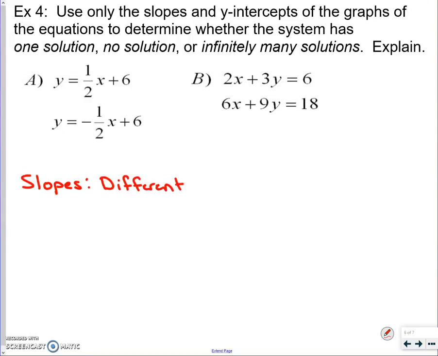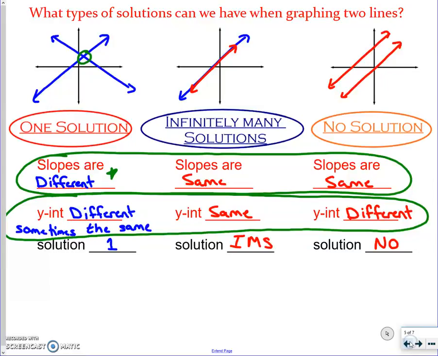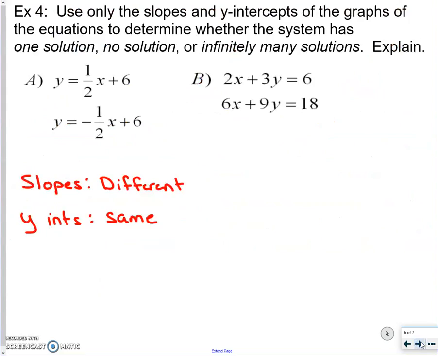And we can see that the y-intercepts are the same. So just with this information, without creating a graph, let's look at that combination, different and the same. And when we go back here and we look at those combinations, the only combination that has different slopes and the same y-intercept is a one solution problem. So we can flip back over here and we could say that this has to be one solution.